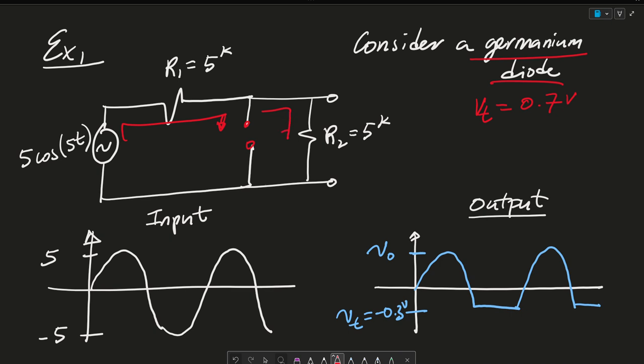As a result, current is going to flow through here. The voltage VO is a current divider. So VO is equal to 5 times 5 over 10. These are kilo-ohms, but they cancel out, which is equal to 25 over 10, or just 2.5 volts. So this VO is going to be equal to 2.5 volts.